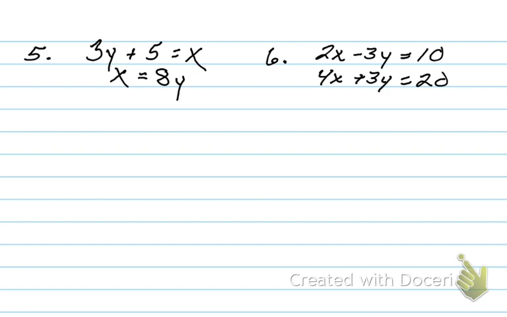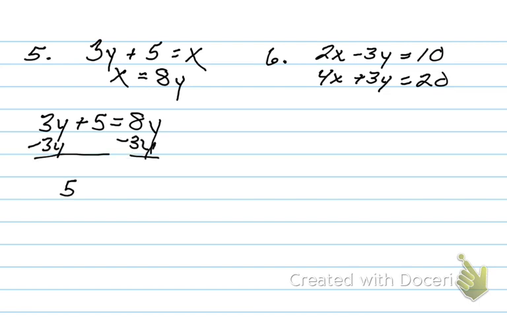Yeah, definitely substitution. And when you substitute, you could either plug in 3y plus 5 in for x down here, or you could plug in 8y in for x on the other one. Either way, you're going to end up with the same substitution, and that is 3y plus 5 equals 8y. All right, now, Logan, what would you do to both sides?